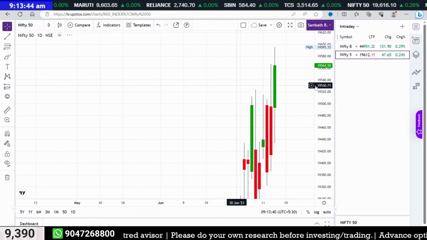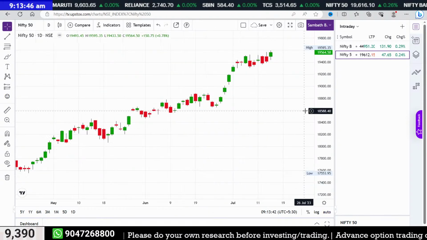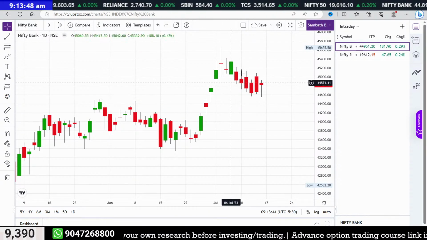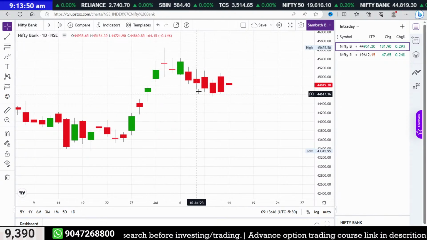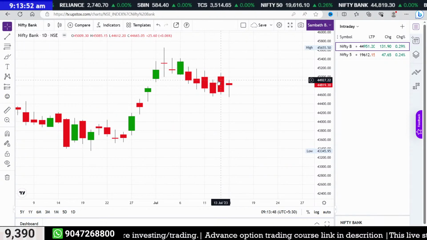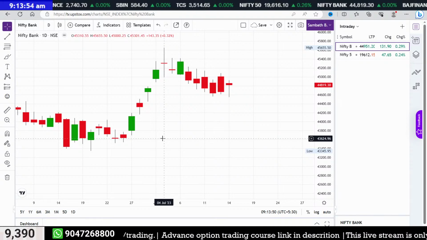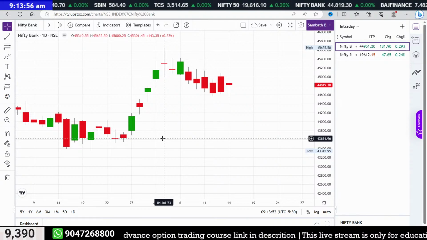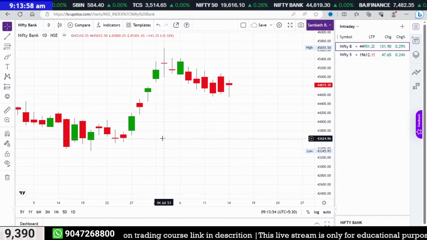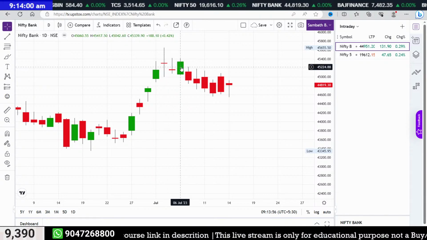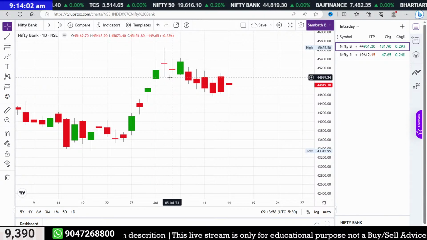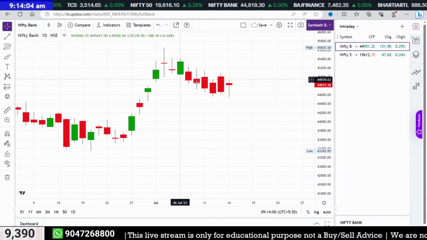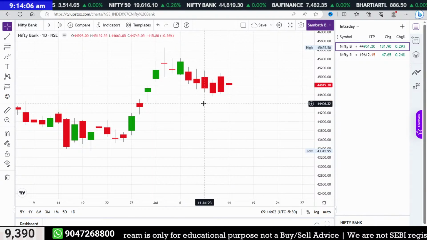In the daily time frame, Nifty is moving higher, but Bank Nifty did not move, and it is looking like a hammer candle after 5 consecutive down days in Bank Nifty. It was not a big change, but it was down from the top level, and the doji candle also gave us a good move. Now finally we have a hammer.